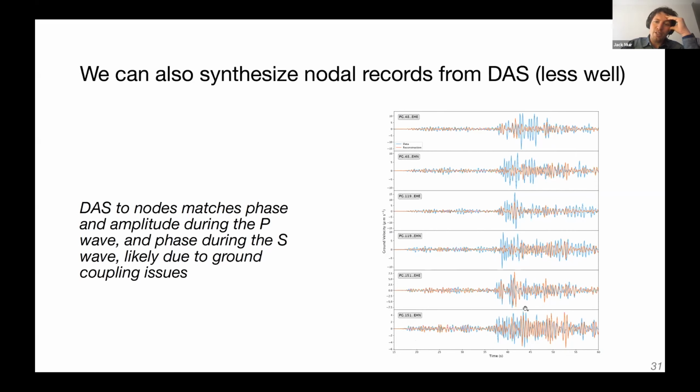In the S waves, we can match the phases okay, and the amplitudes are more difficult to match. And that's probably due to some kind of difficulty in modeling the ground coupling of the DAS cable effectively, and also because the DAS is only recording the derivatives of the displacement field. So we're essentially trying to do an integration here with noisy point measurements. And that's quite a challenging thing to achieve.